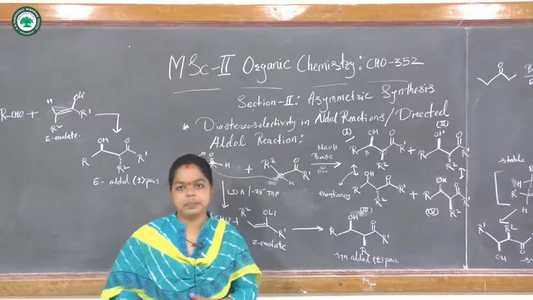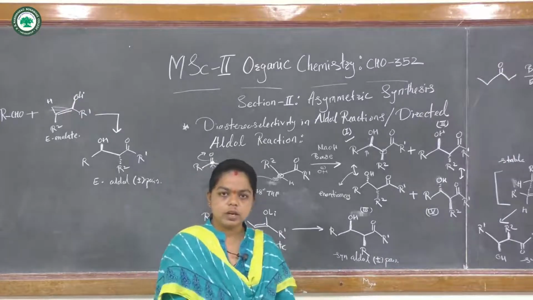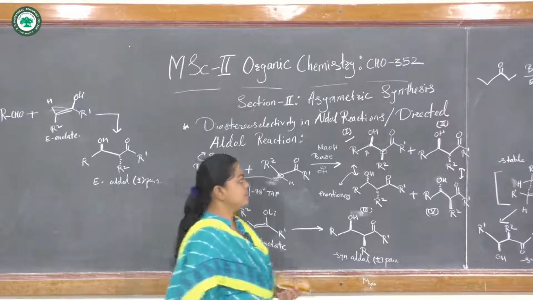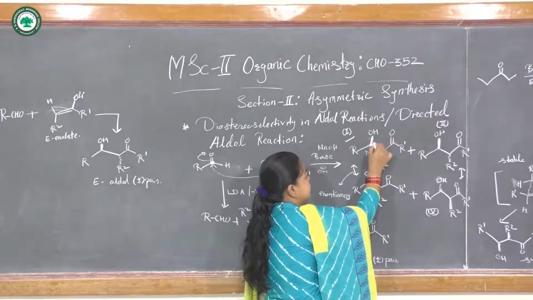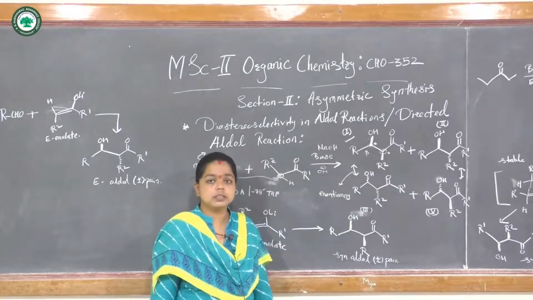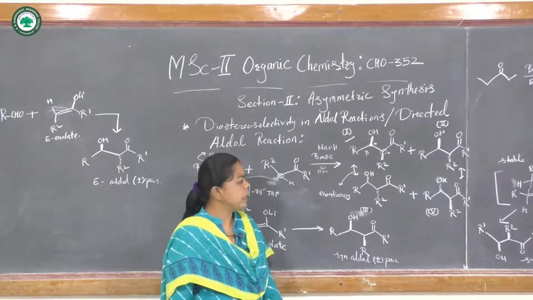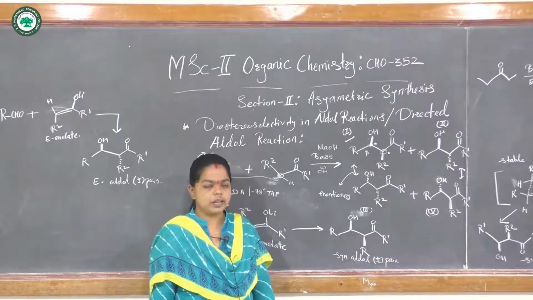Now this is the simple, basic reaction, but when we study the stereochemistry of the reaction, we can observe that two chiral centers are generated. Due to the formation of two chiral centers, we try to determine which types of stereoisomers are formed in this reaction.